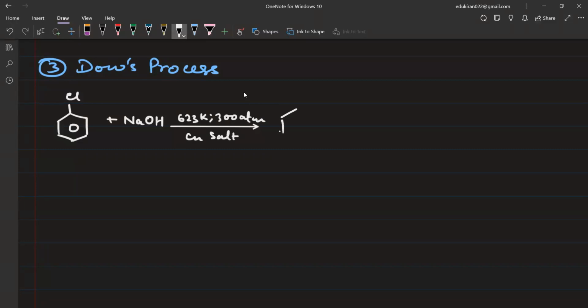This leads to formation of sodium phenoxide because Cl is getting replaced by O, and because it is in basic condition, we will have ONa. On further hydrolysis with any acid and water, it gives phenol.